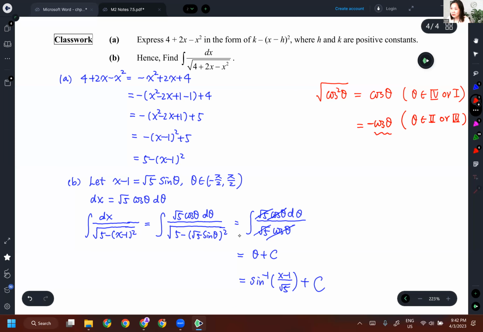If you have further questions, I'm happy to answer. But right now, with the principal value involved, you just simplify as cosine theta. And then you get the answer, and then you express the answer. Is that okay?